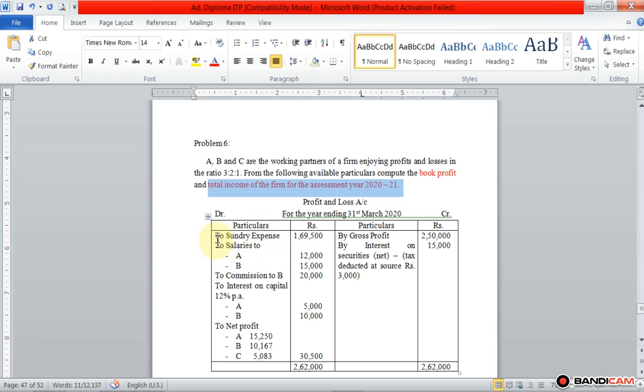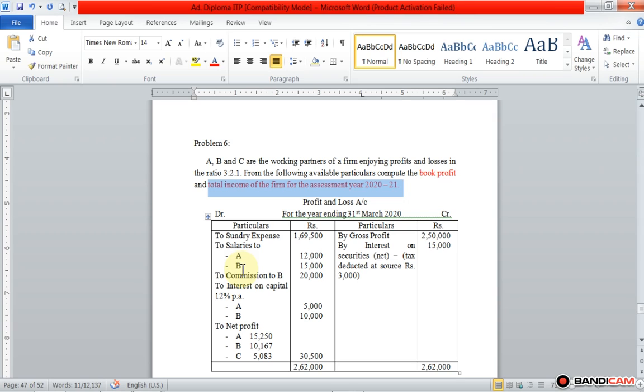Debit side particulars: to sundry expenses rupees 1,69,500; to salaries to A rupees 12,000; to salaries to B rupees 15,000; to commission to B rupees 20,000; and to interest on capital of A and B at 12% per annum, rupees 5,000 and 10,000 respectively.